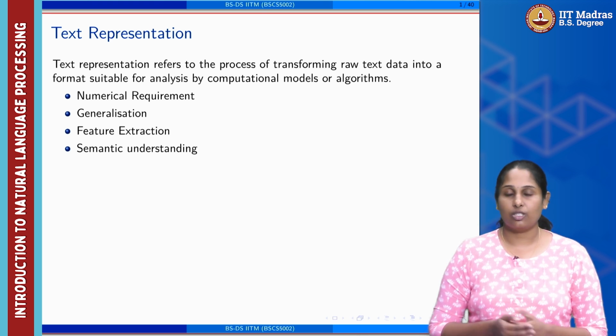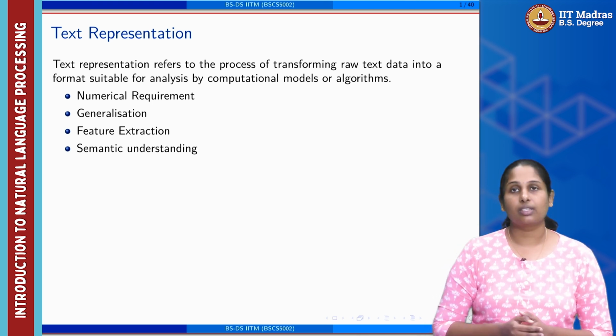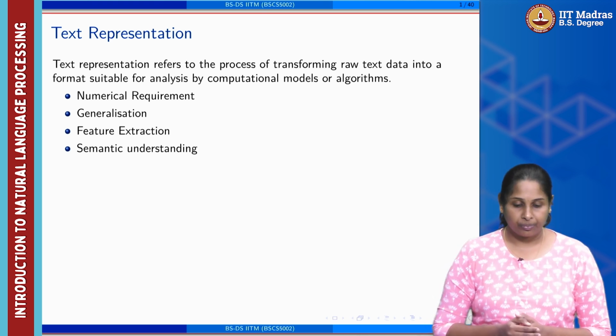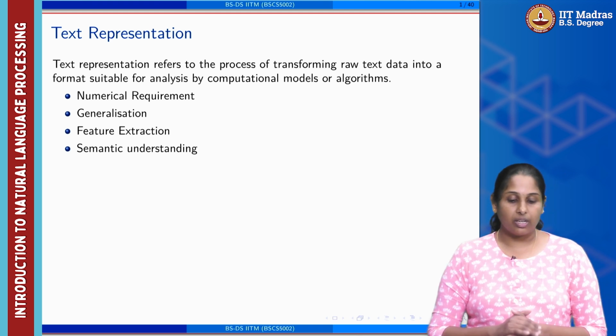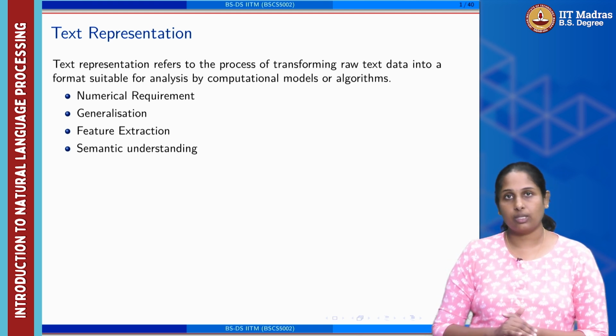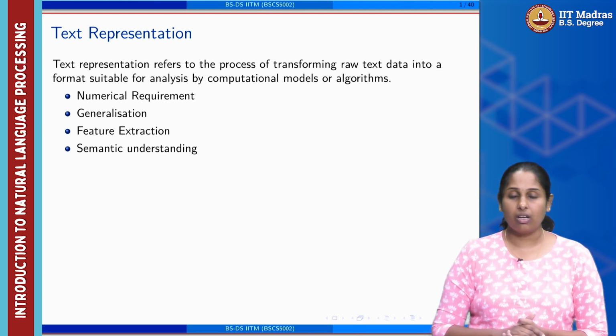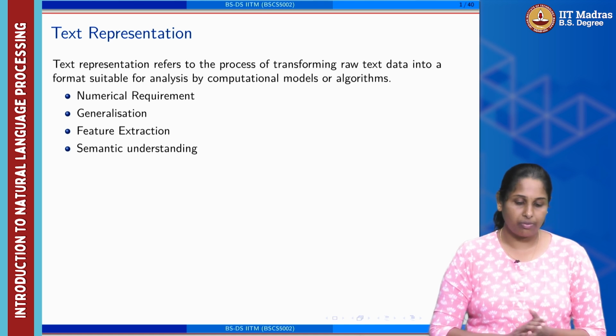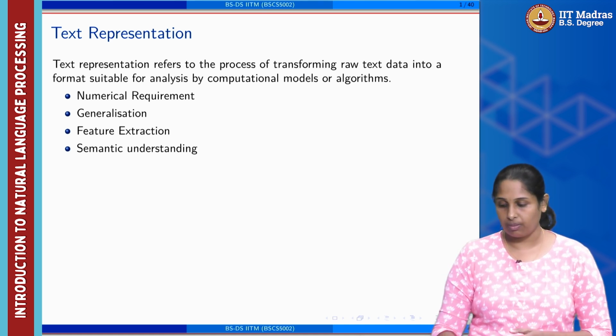To understand distributional semantics, let's start with text representation. Text representation refers to the process of transforming raw text data into a format suitable for analysis in computational models.